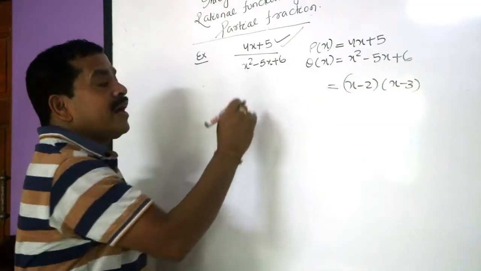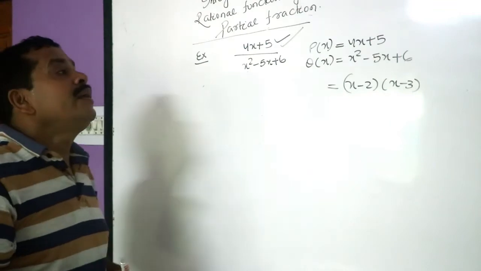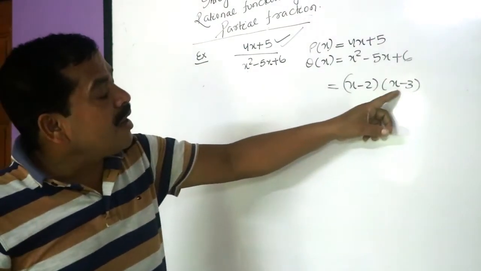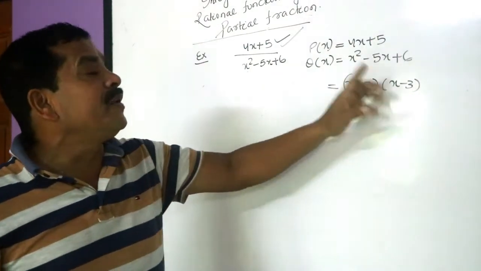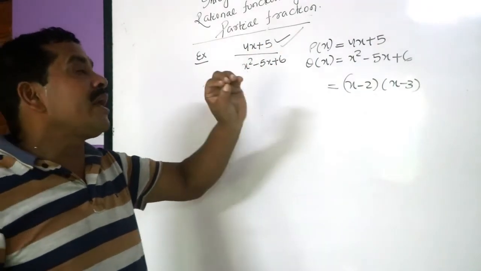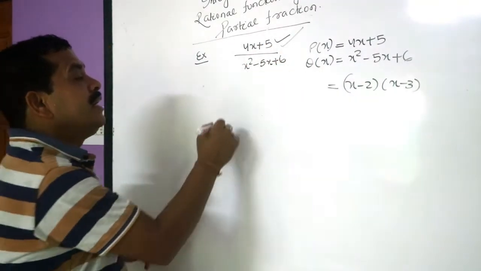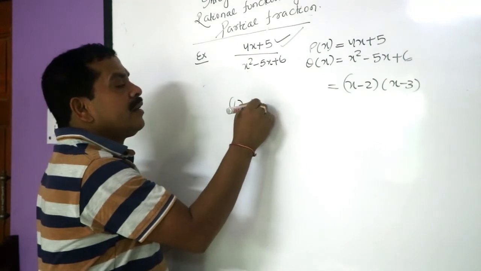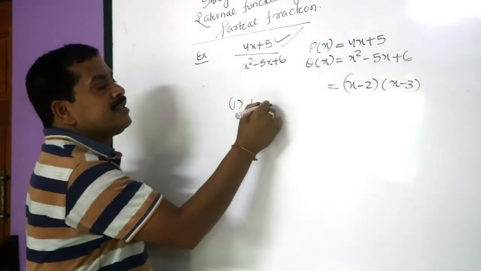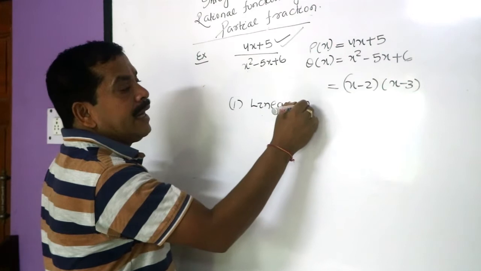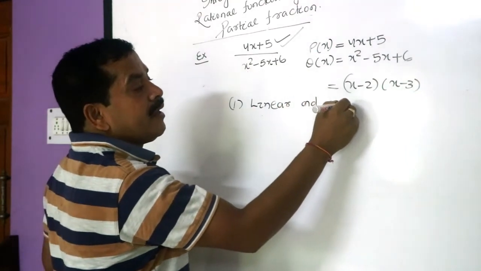If it is not factorized, first you factor it. Now, depending on whether the factors are linear or non-repeated, there are four categories. One is linear: the factor of q(x) is linear and non-repeated.